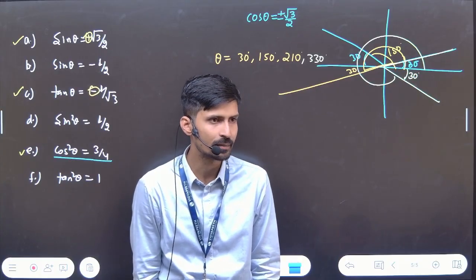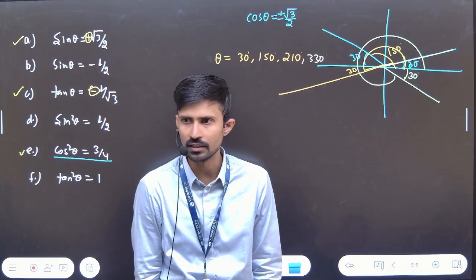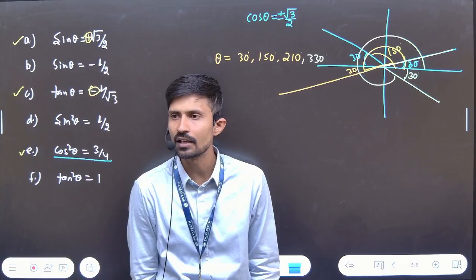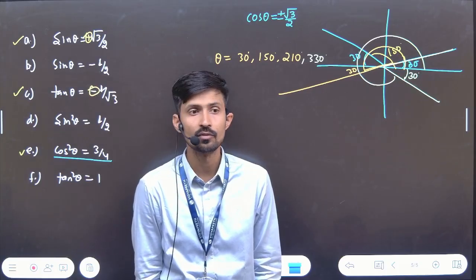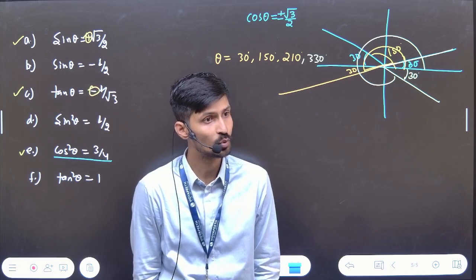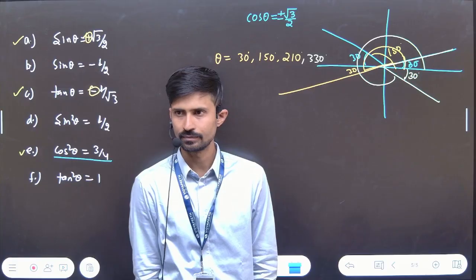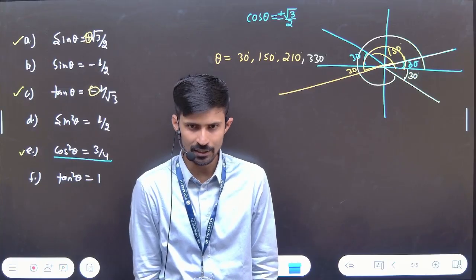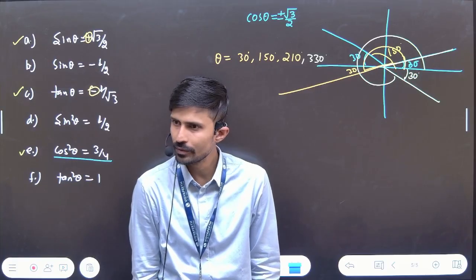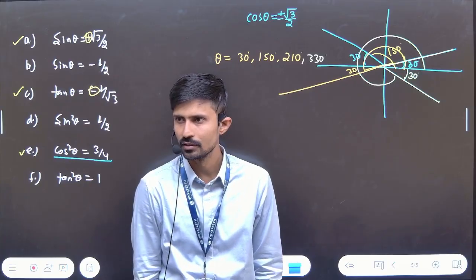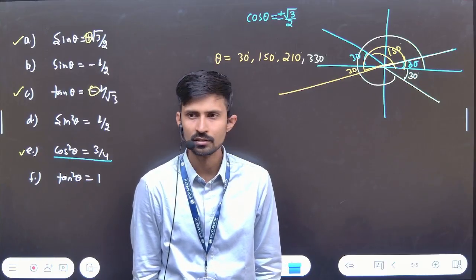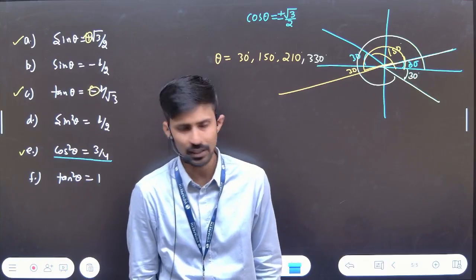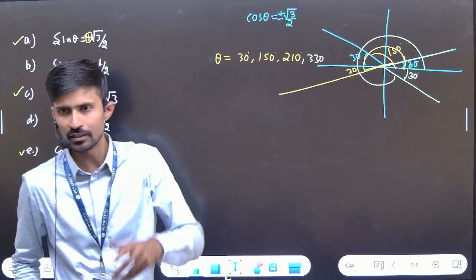So what will be the second quadrant angle? Pi minus 30. What is the fourth quadrant angle? 2 pi minus 30. Then what is pi minus 30? 150 degree. What is 360 minus 30? 330 degree. So it's easy, na? We can go by this also. We can go by simple understanding also.